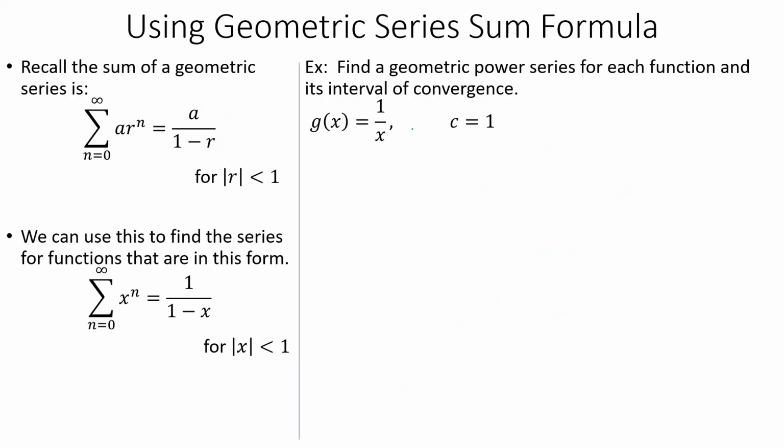All right, so another one. We want this one centered at 1. And I don't see any sort of 1 minus to have on the bottom. So what we can do is write this as 1 over 1 plus x minus another 1. So I added 1 and subtracted 1. Those technically cancel each other out. Now what I can do is change this to 1 over 1, and I want this to be minus my x.